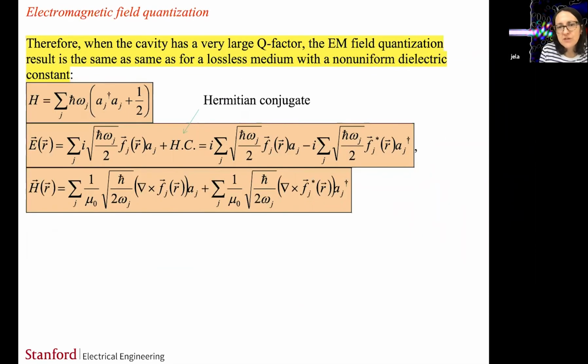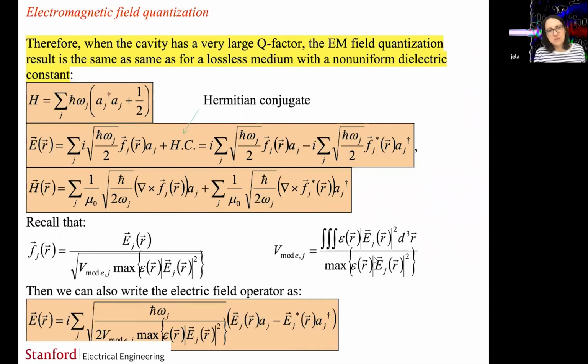Or if you just simply run an electromagnetic simulation and you obtain an electric field pattern for some mode, E_j of r, let's say, for a mode with frequency omega_j, and you can get that from finite difference time domain simulations or some eigenmode solver, then this F_j can be obtained by dividing that spatial field profile everywhere in space by the square root of the mode volume times the maximum of electric field energy density, epsilon E squared.